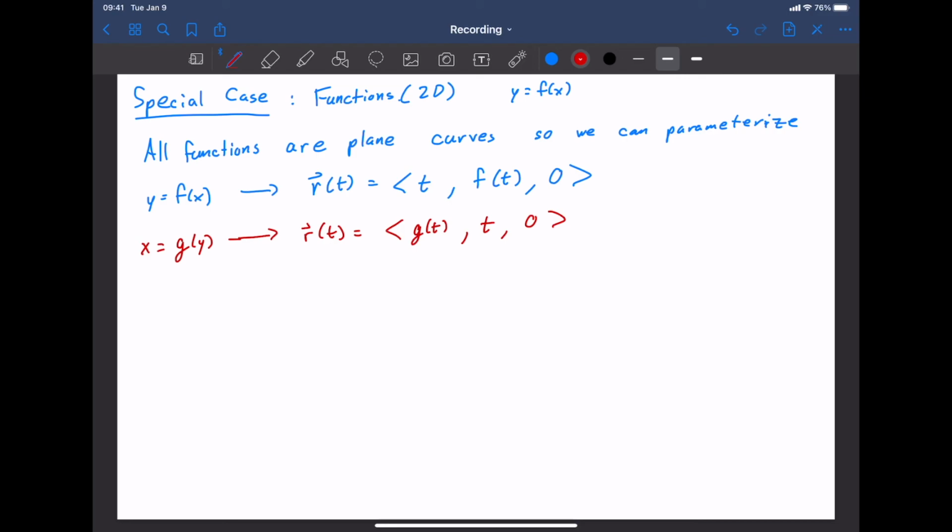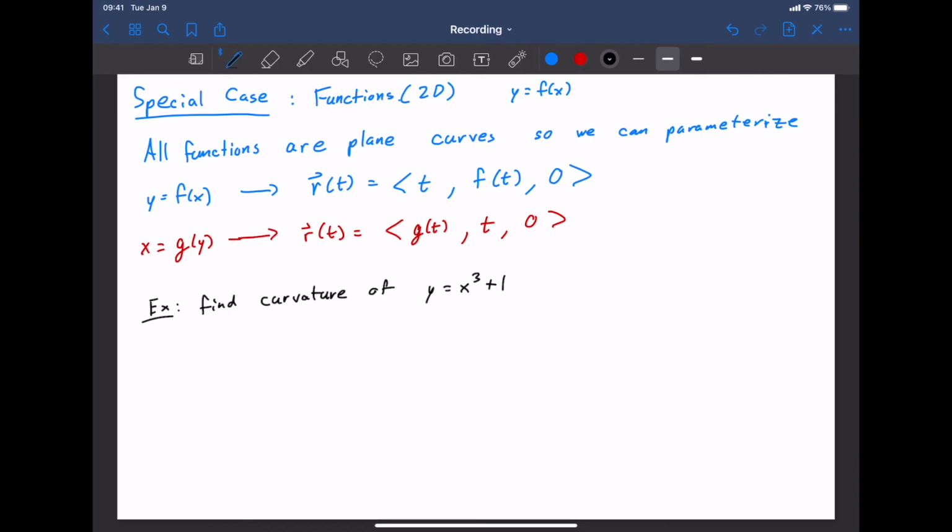I'm not going to give you too many examples of this. Let's just do one together. The book has another one if you want to see that, but it's going to use the formula. So let's say we had: find the curvature of y equals x cubed plus 1.